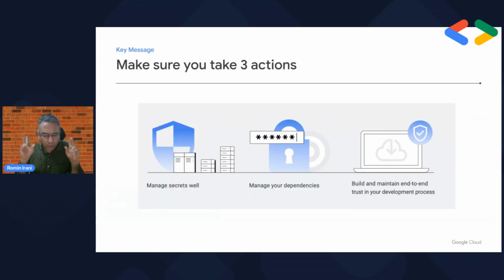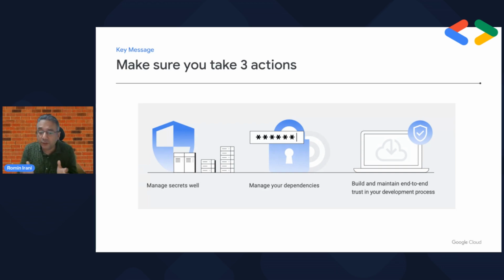Before I go to the demo, just to settle down on the key messages that I wanted to give you, the three ones, let's reiterate them again. One is manage your secrets well, which is do not check your secrets into things like source code repositories, or keep them as environment variables or even directly in your source code. Use dedicated secret stores for that. Manage your dependencies.